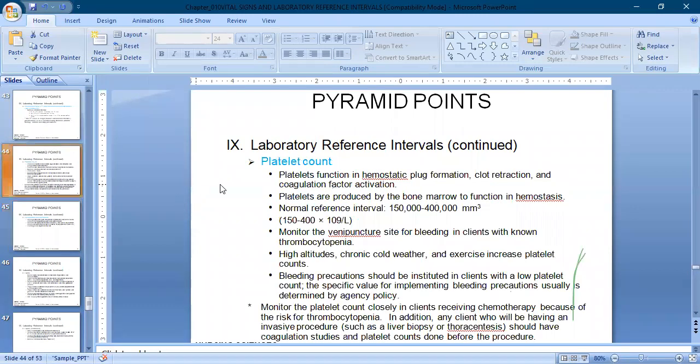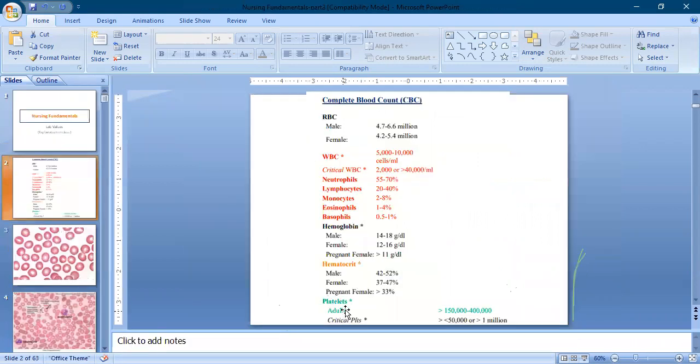And now to the platelet. The normal platelet count is 150,000 to 400,000.